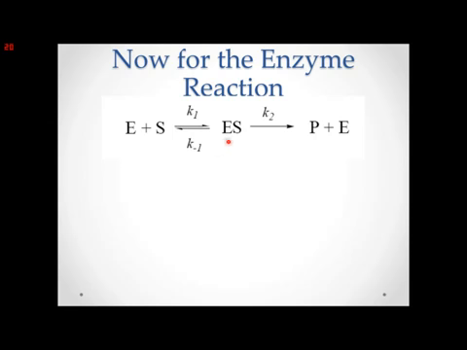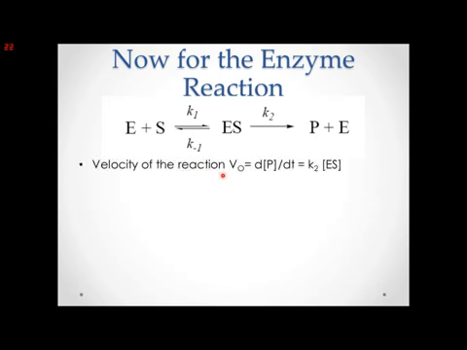But on rare occasion this ES can go forwards and form the product and then reform the enzyme. Each one of these steps has a rate constant: going from E plus S to ES has K1, from ES to E plus S has K minus 1, and from ES to P plus E has K2.